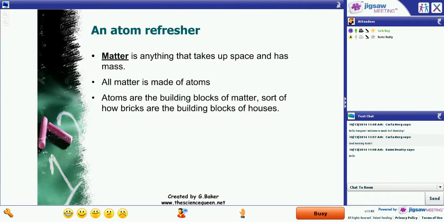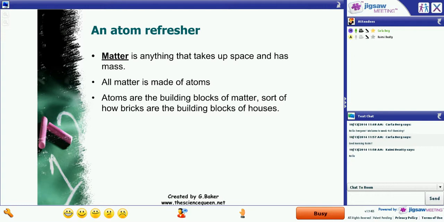If you're building a brick house, you need to place individual bricks in a spot in order to create the whole house. If you are making matter, the atoms are the individual pieces that together form whatever the matter is that you are making.